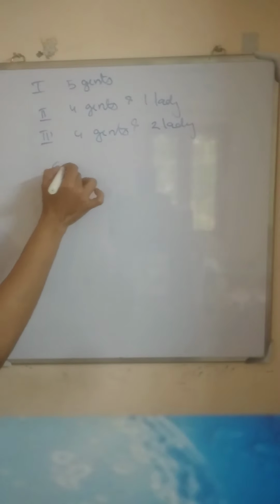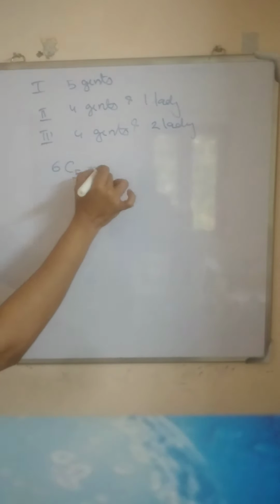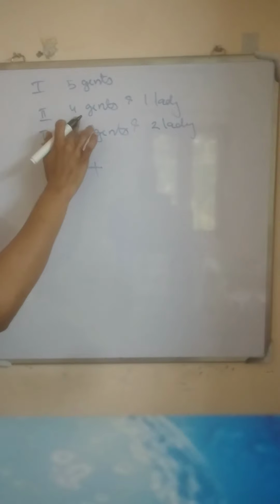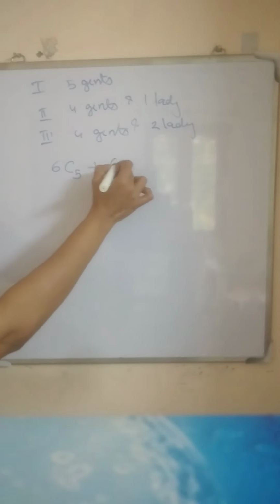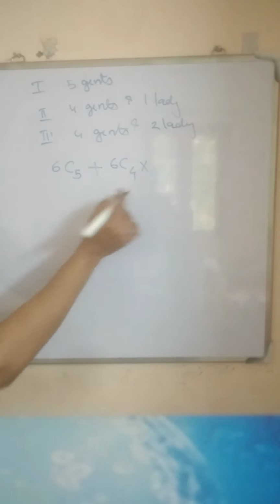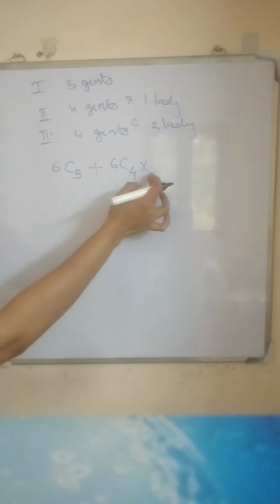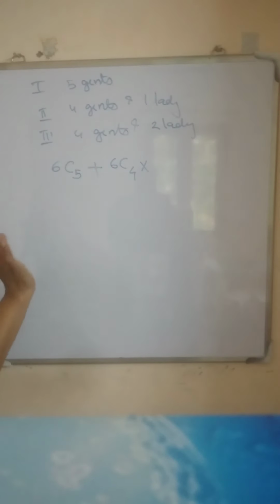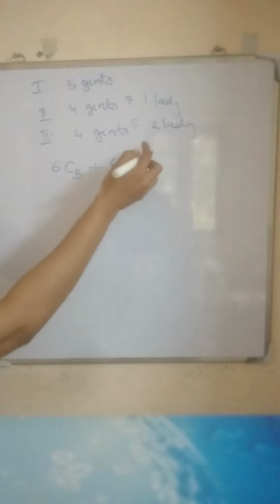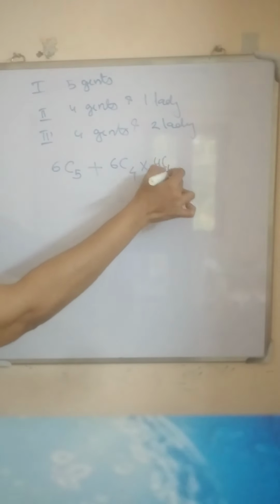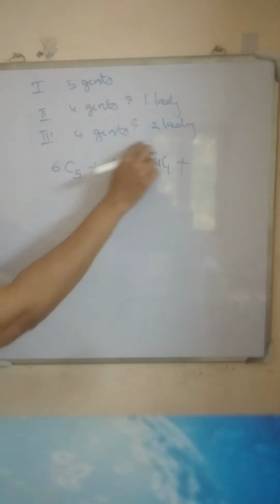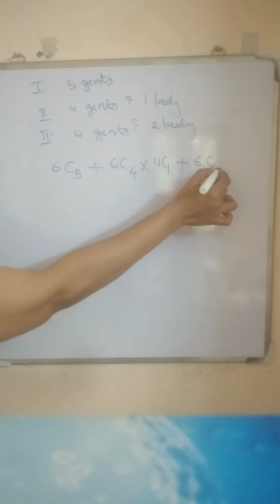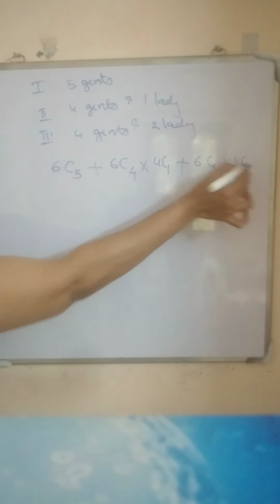So 5 gents can be selected from the 6 gents in 6C5 ways, or we can choose 4 gents from 6. If we use and, we use multiplication, or we use addition. So 6C4 into 4C1, or in this way, 6C4 into 4C2.